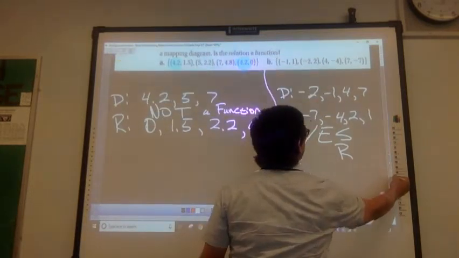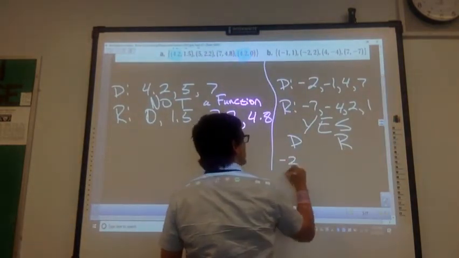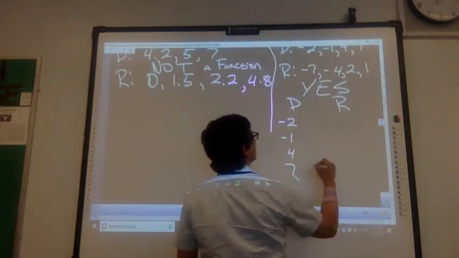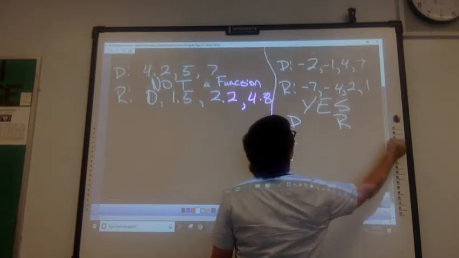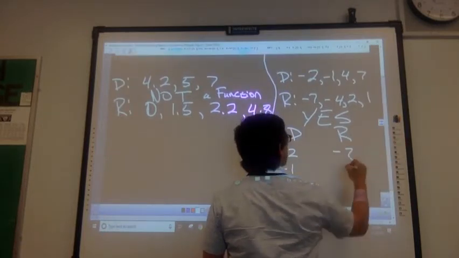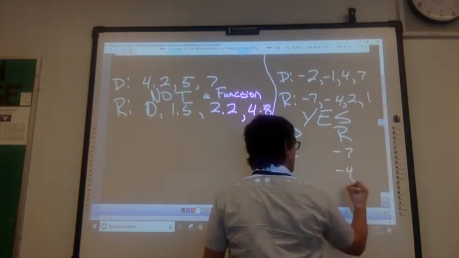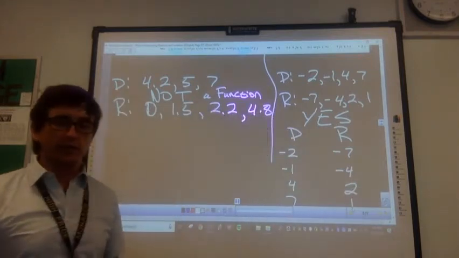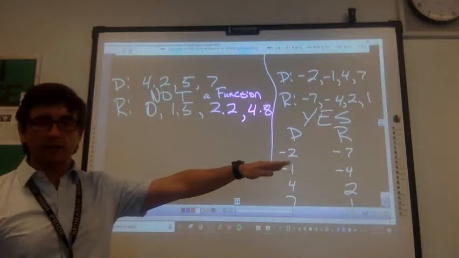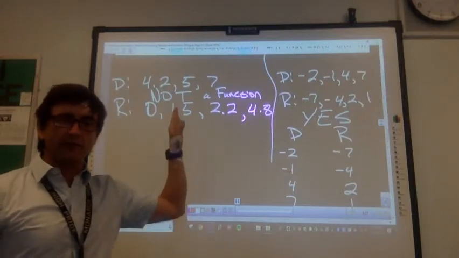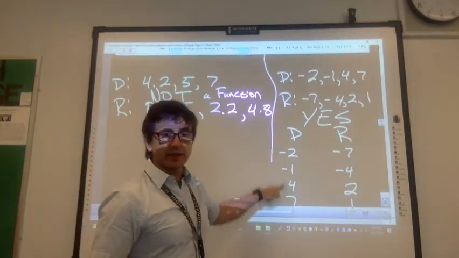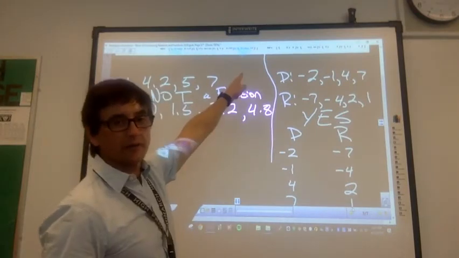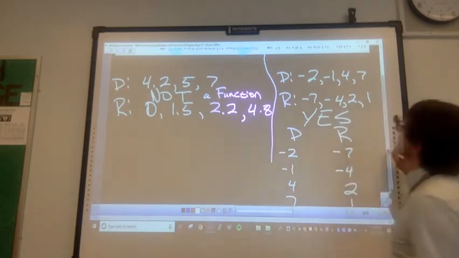And then we can write down -2, -1, 4, and 7. And our range values are -7, -4, 1, and 2. So again, just like when you list domain and range horizontally, when you do a mapping diagram vertically, it still is in least to greatest order, no repeats.